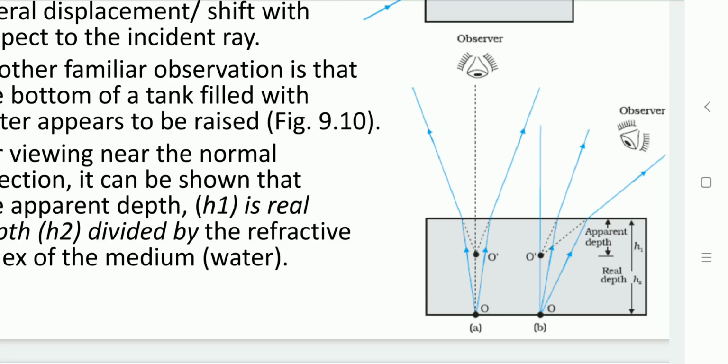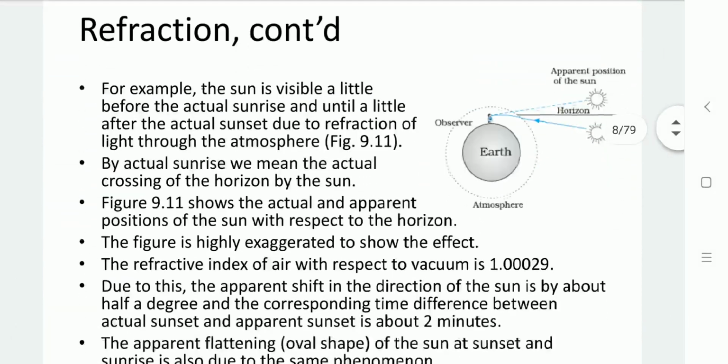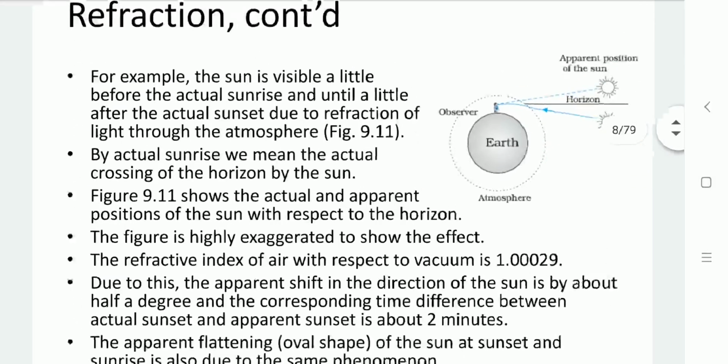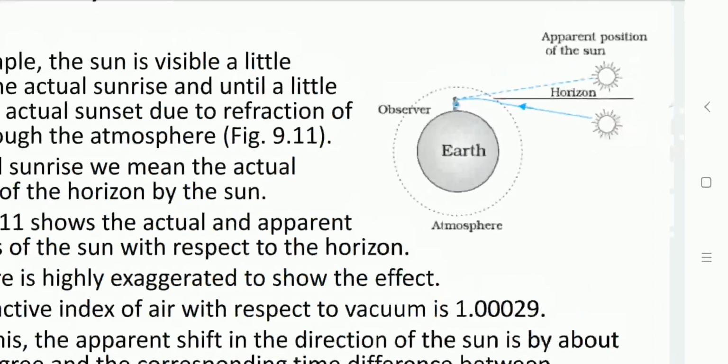This is available in natural phenomena around us, as you can see in the diagram. Here the sun is visible before actual sunrise and after actual sunset due to the refraction of light, due to the shifting of the refracted angle.